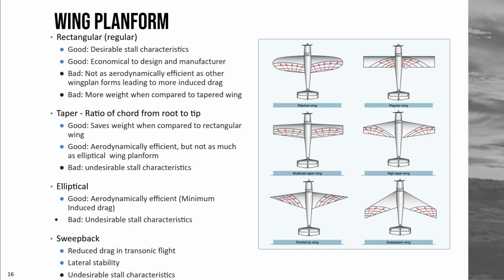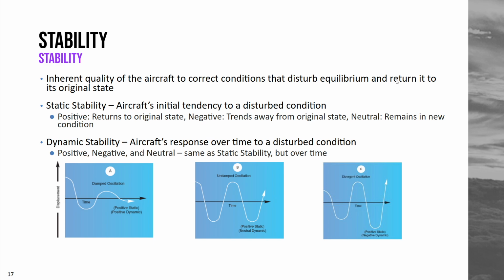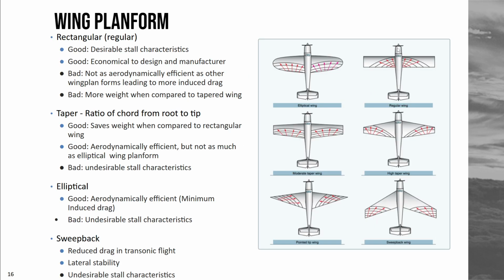If I'm losing lift right here, all that wind that was hitting my horizontal stabilizer is now being disrupted, so the aircraft will naturally want to nose down even before a stall happens in order to regain airflow over the wing. It also allows for some aileron effectiveness in a stall. It's economical to design and manufacture.